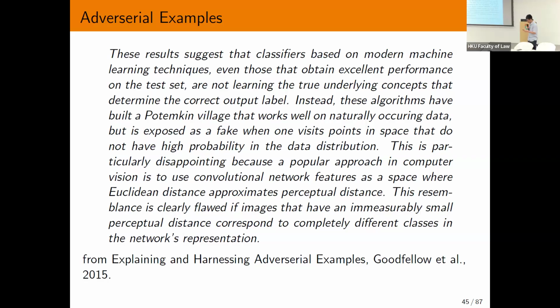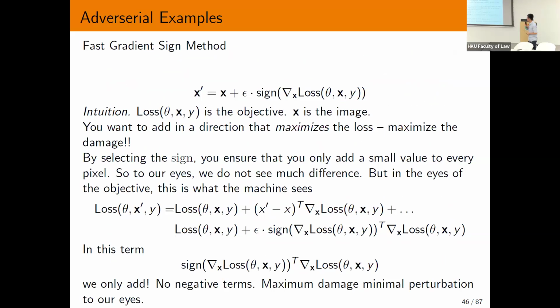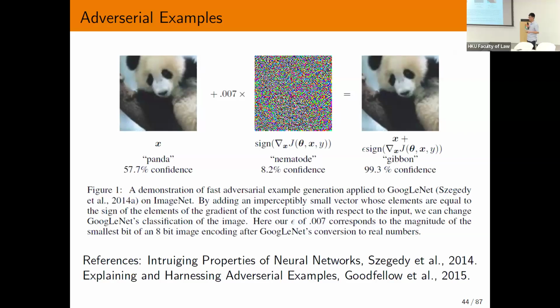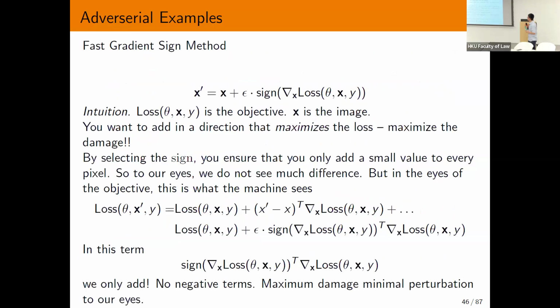Okay, so how do you do this? Actually, let me tell you a bit of how this was done. This is a very clever idea on how you create an attack where, if I know what a neural network is, I can build an example where you can't tell the difference with human eyes, but the neural network is going to fail disastrously. This is what they call the fast gradient sign method.